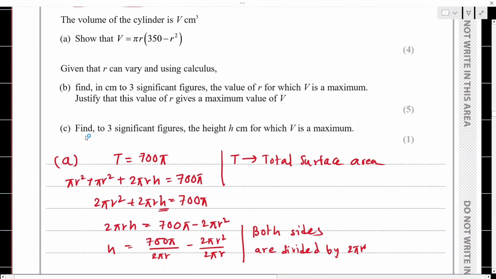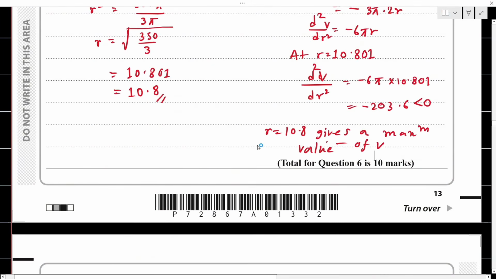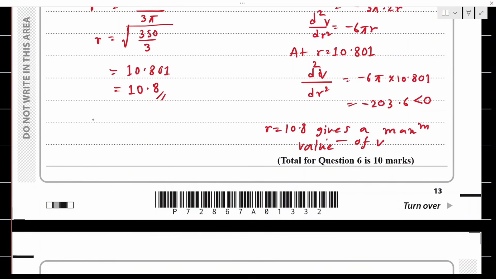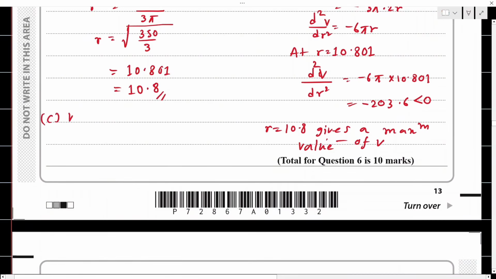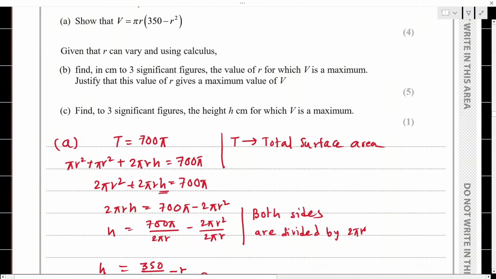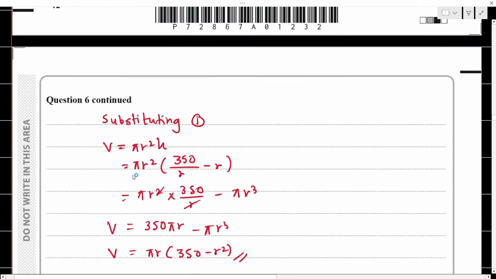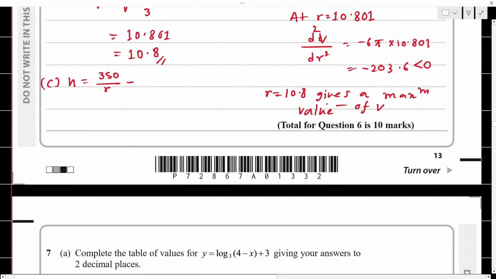In part C, we have to find, to three significant figures, the height h cm for which v is maximum. We already know the value of r at which v is maximum. So we can use the value of r to calculate the value of h for which our v will be maximum. We know that h is equal to 350 divided by r. The expression was something like this: 350 divided by r minus r. So h is equal to 350 divided by r minus r.